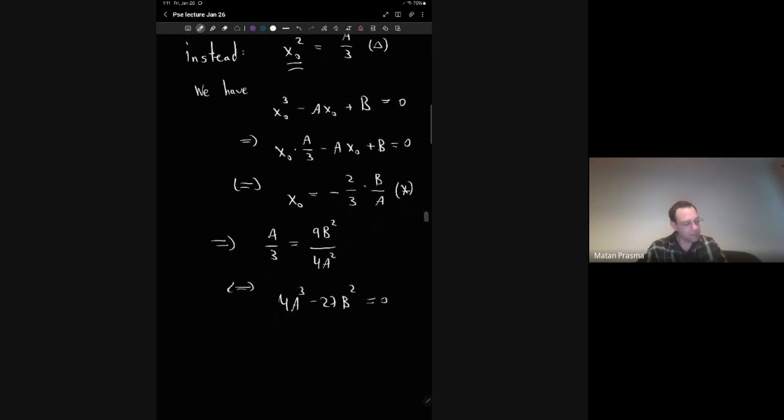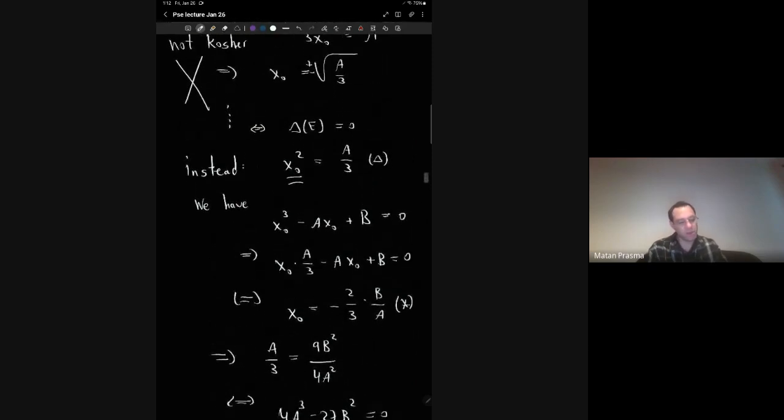And now I substitute back minus a instead of a, and I get that this is 4a cubed plus 27b squared equals 0.